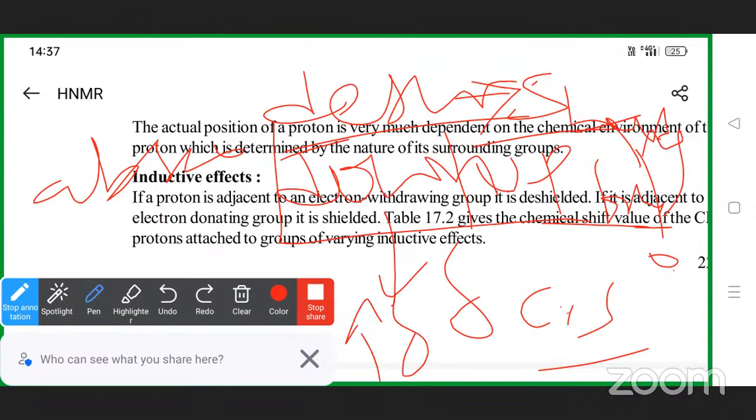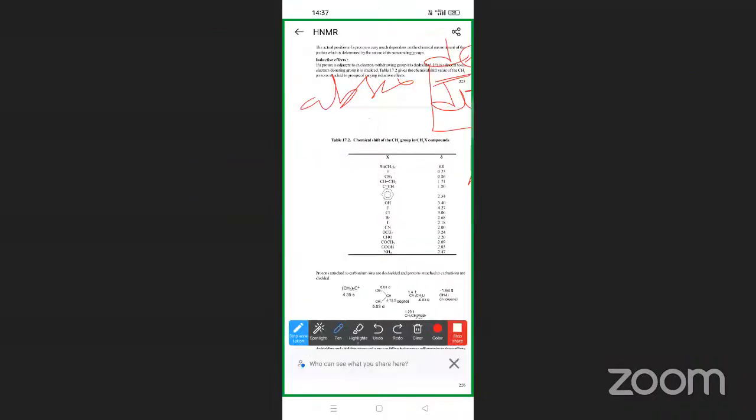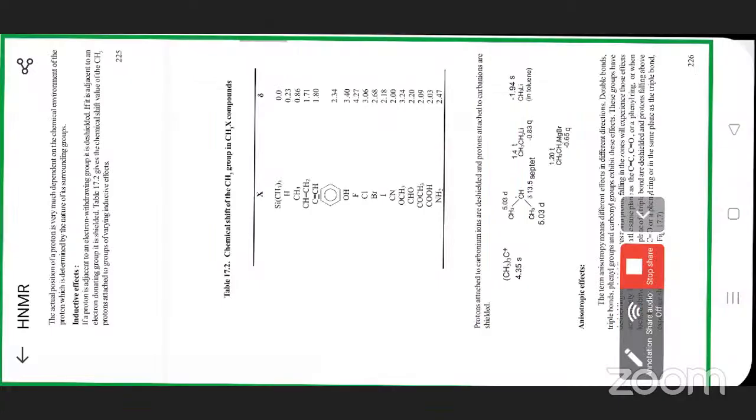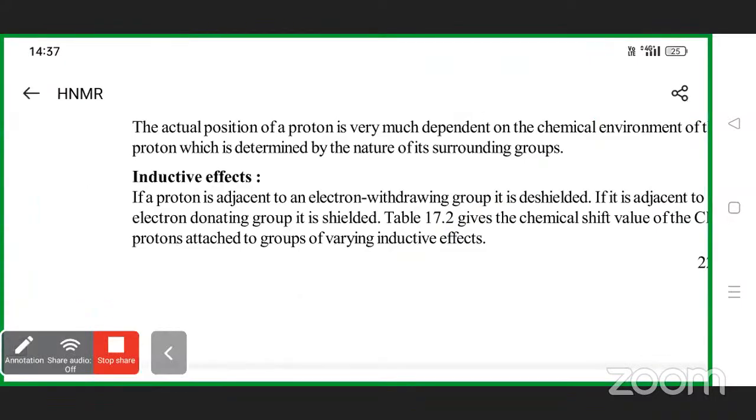Yes, now we'll go for this discussion, where the proton is attached to an electronegative atom or an electron withdrawing group, right? So it will be de-shielded.